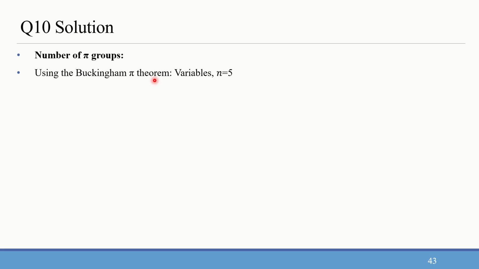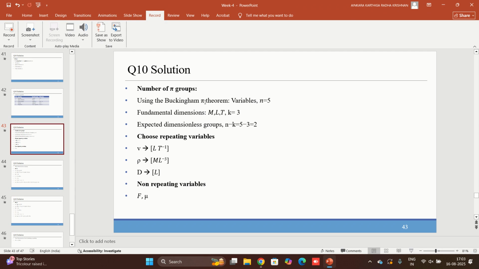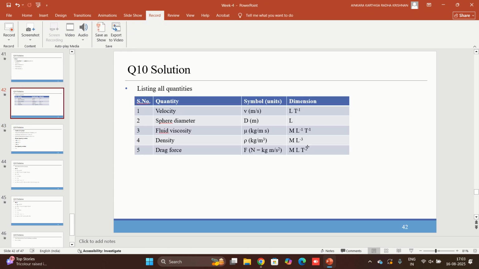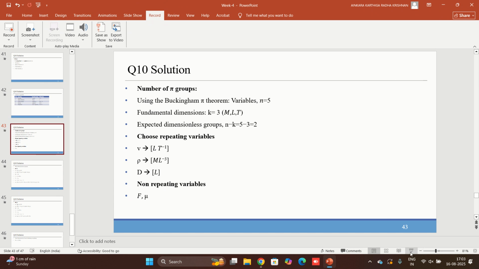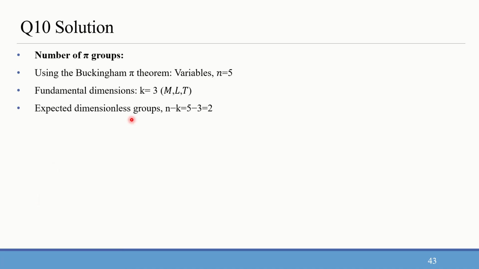The number of fundamental dimensions is 3, since we have only M, L and t. The expected number of dimensionless groups is n minus k, so 5 minus 3 equals 2.